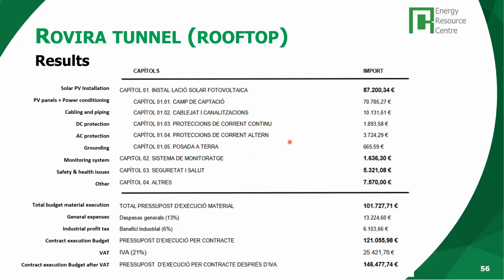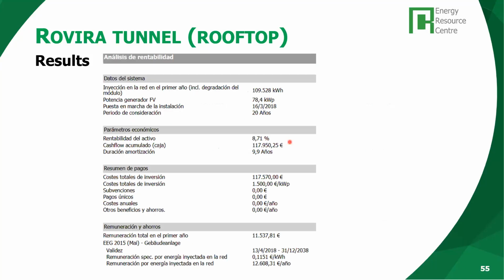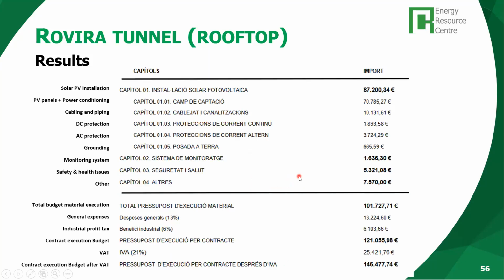Okay, so this is the real budget. From the initial projection of 117.5 thousand euros, there's a bit of an increase, but not so much. 4,000 euros, and the rest is the taxes. Okay? The VAT, value added tax.